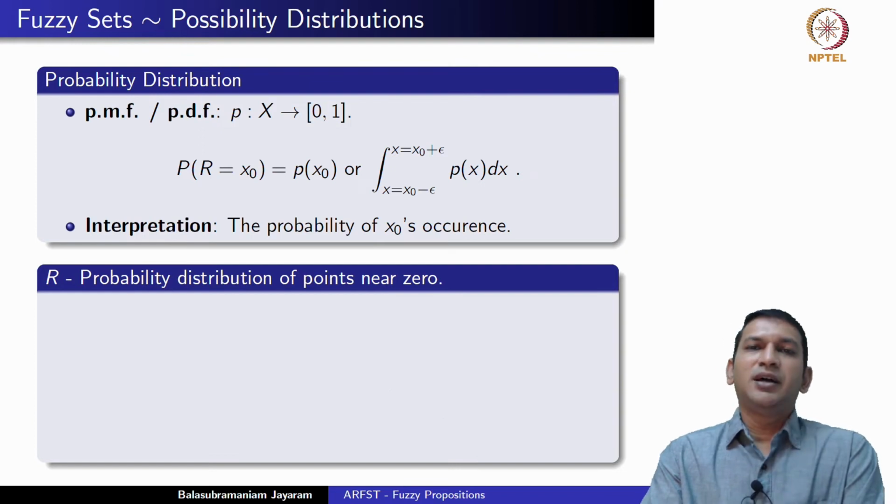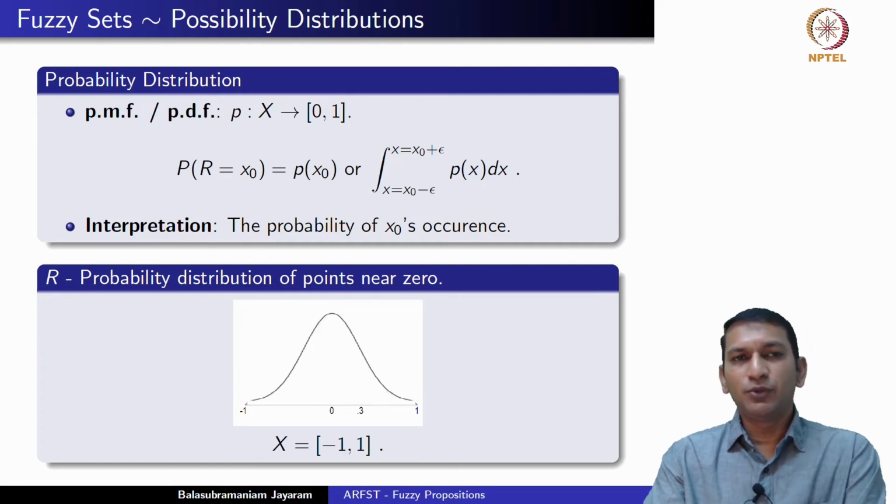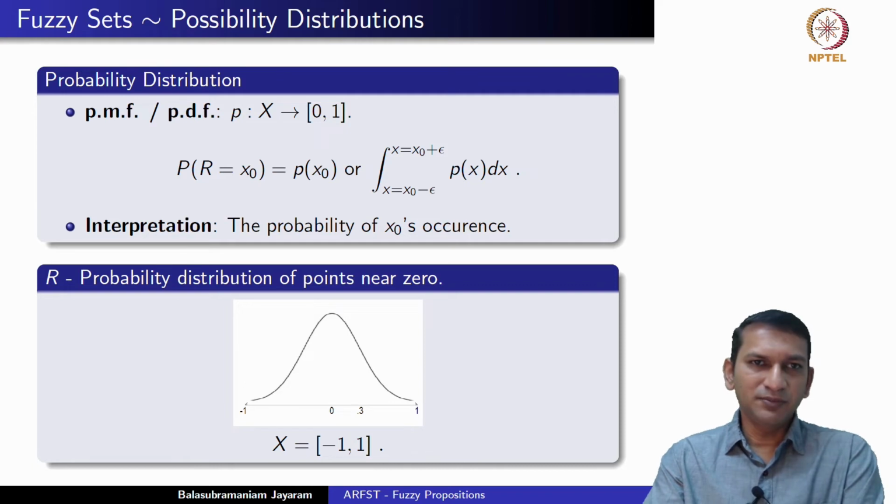Let's construct a probability distribution of points near 0. That means come up with a PMF or a PDF about how the probability of points near 0 could be distributed. One way to do it is to use a Gaussian membership function, and if you are band limiting the domain, then you could also truncate the Gaussian. So let's once again fix the domain to be -1 and 1, and that's where we are actually sampling the points from.